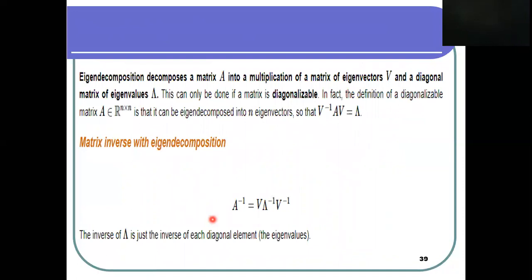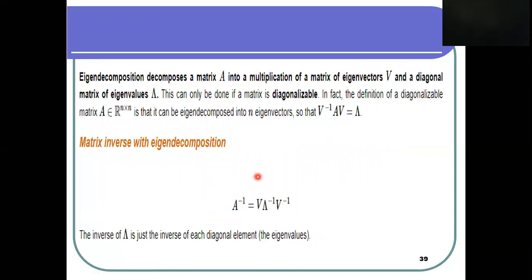So, dear student, ultimately what we have done is that the eigenvalue decomposition decomposes a matrix A into a multiplication of the matrix of eigenvectors V and the diagonal matrix capital lambda. This can only be done if the matrix is diagonalizable. In fact, the definition of a diagonalizable matrix says it can be decomposed into an eigenmatrix. So it can also be written as V inverse A V equal to a diagonal matrix.